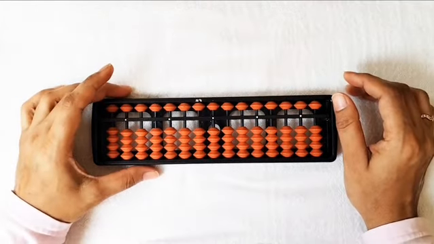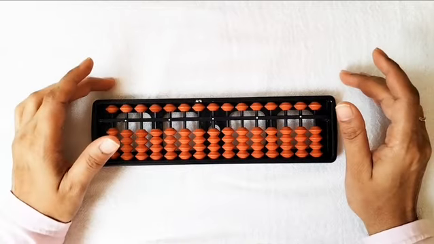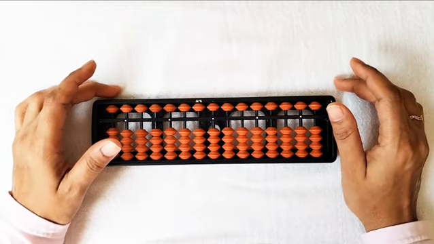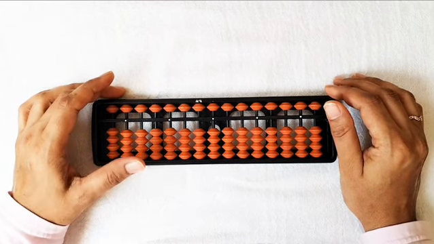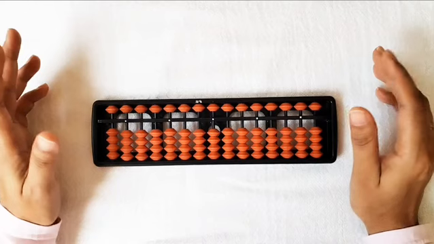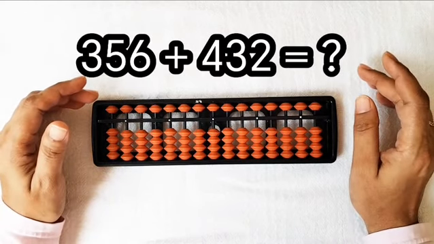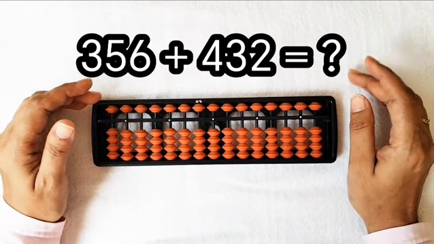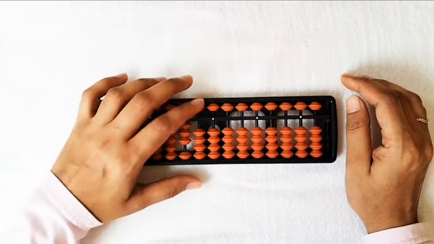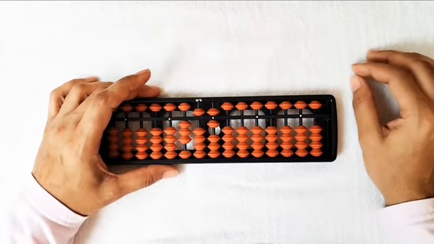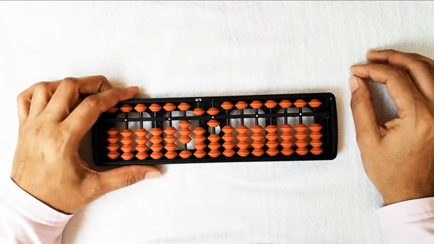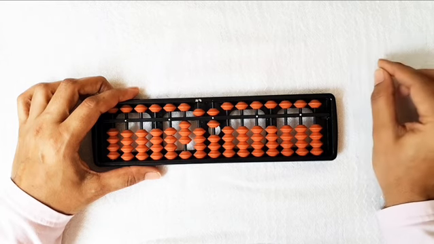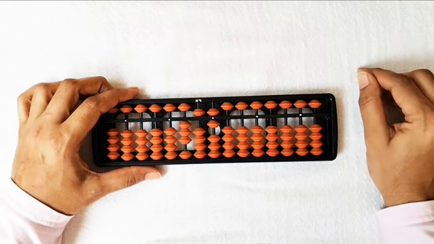Now let's try 3 digit by 3 digit using small friend addition. The first one, 356 add 432. So 356. We place the number first. Add 432. We'll go one step at a time. 400.